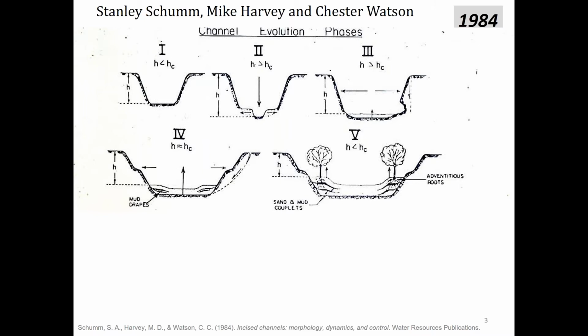I used to call it the runaway train syndrome, where so much energy gets focused in such a small space that it can't help but incise and enlarge. And that process just keeps going until the channel gets wide enough and enough sediment is coming from upstream channel incision and nick point migration to start to mute out those effects.